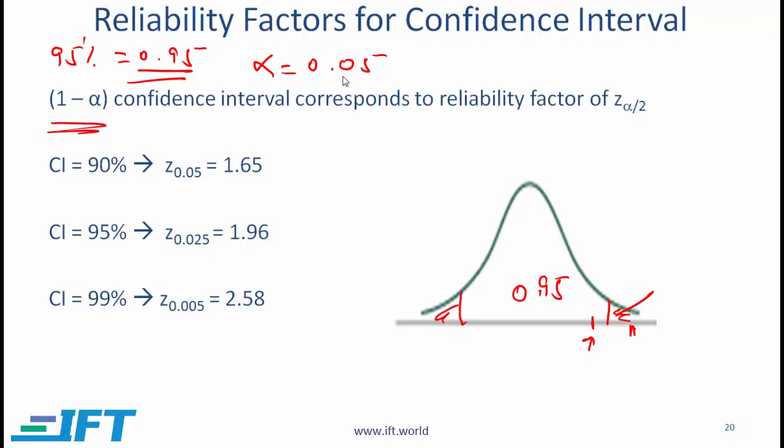And because 0.05 is the probability in both the tails, and we are only concerned about the probability in one tail when we come up with the z value, that's why this is written as z alpha over 2, which here is 0.05, and in the case that we've been studying, it is 0.025.